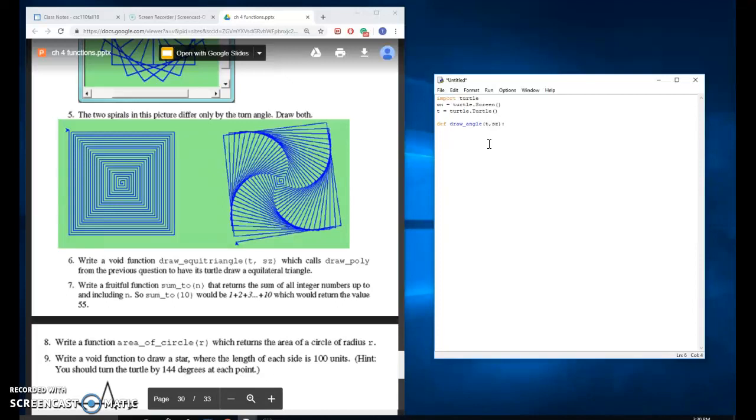T is the turtle, while SC will be the length of the line. So I can write this.